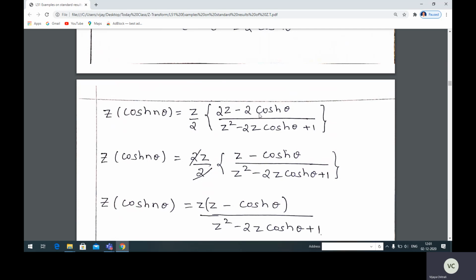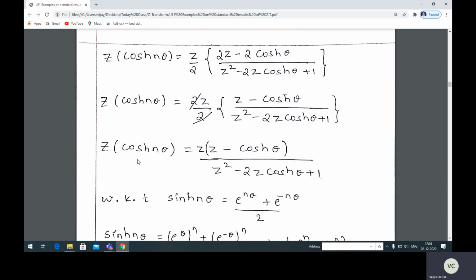Here numerator 2 is common, take it outside and cancel this. So we'll get z transform of cos hyperbolic n theta is equal to z minus cos hyperbolic theta divided by z square minus 2z cos hyperbolic theta plus 1.